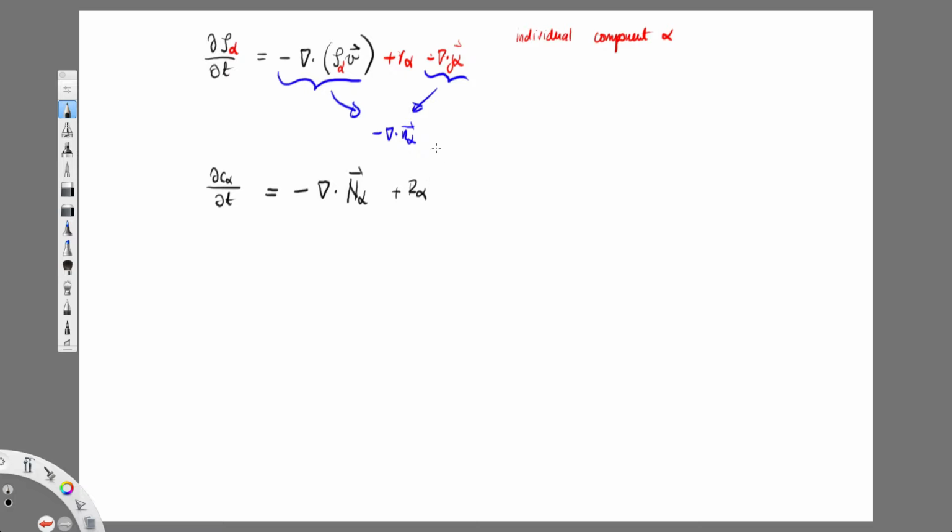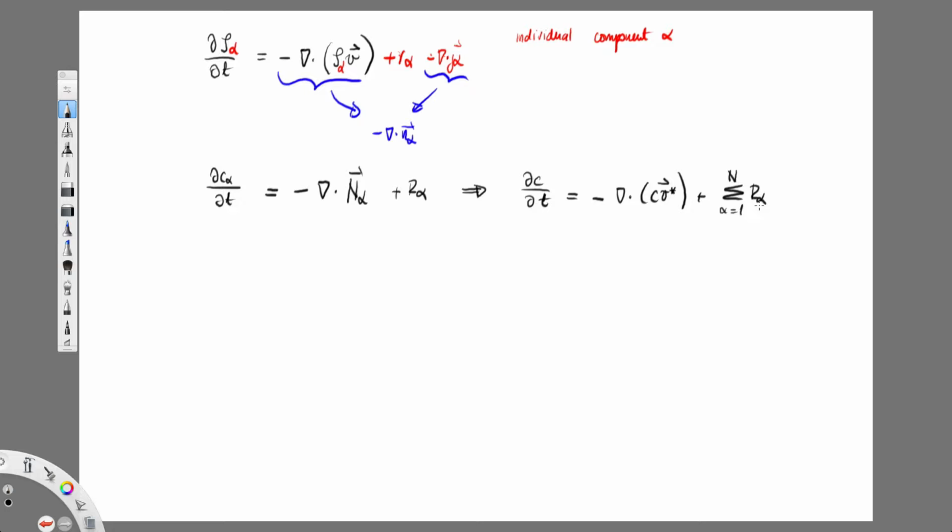It's just that when I sum this up, all of my reactions R alphas for molar quantities don't necessarily sum up to 0, so that's going to hang in there in the equation. So if I sum this up, I'm going to get something like partial C partial t is minus divergence of C v star plus the sum of all R alphas, again, because I don't necessarily have conservation of molar quantities.